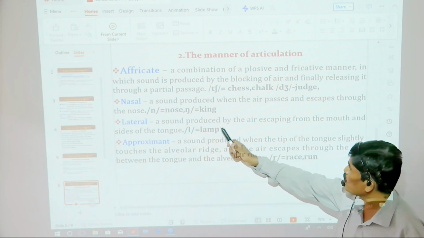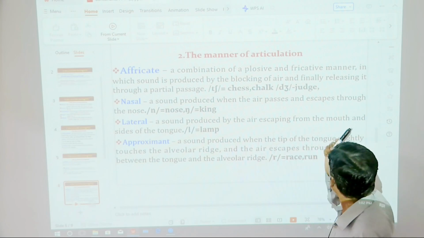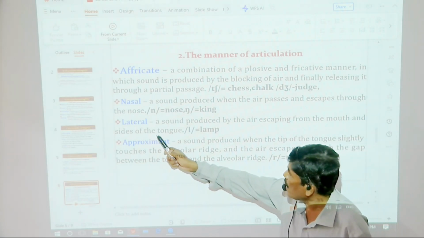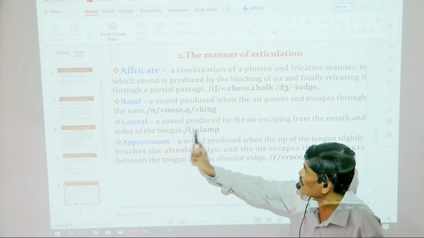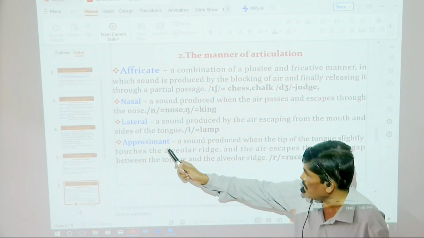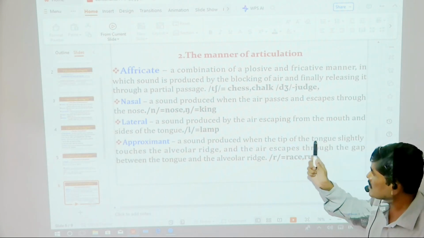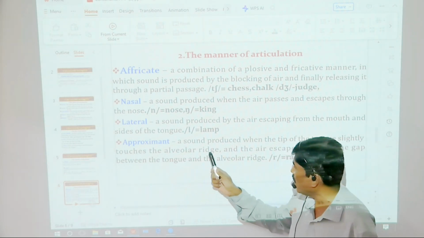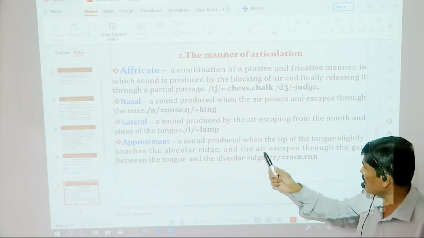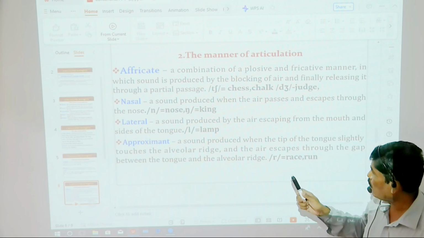Lateral sound is produced by the air escaping from the mouth and the sides of the tongue. La. Then approximant. A sound produced when the tip of the tongue slightly touches the alveolar ridge and air escapes through the gap between the tongue and the alveolar ridge.